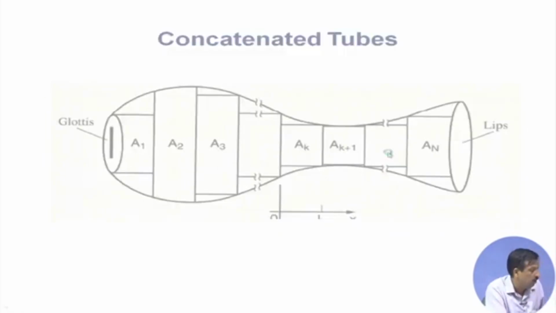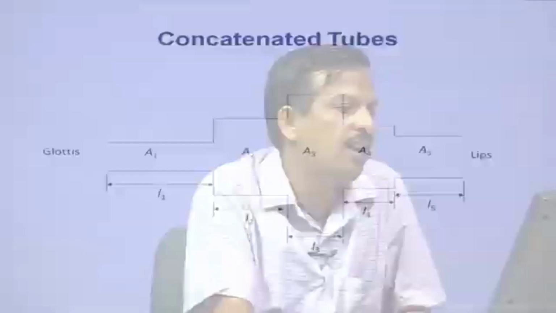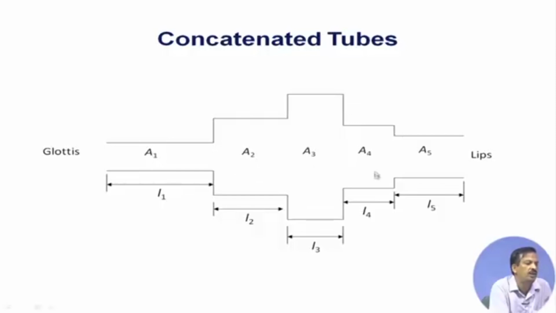So, this is L1, L2, L3, L4, L5, the lengths of the tubes, and 5 tubes are connected to each other. Or I can consider L1 equal to L2 equal to L3 equal to L4 equal to L5, then the lengths of the tubes are the same, but the n small tubes I divided have cross sectional areas A1, A2, A3, A4, A5, all not the same, different cross sectional areas.